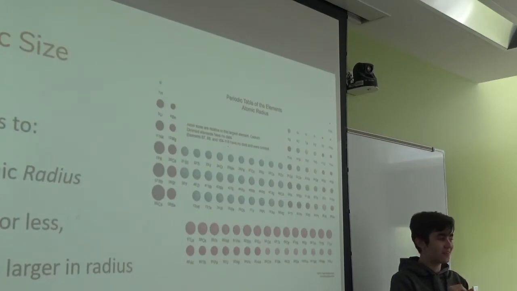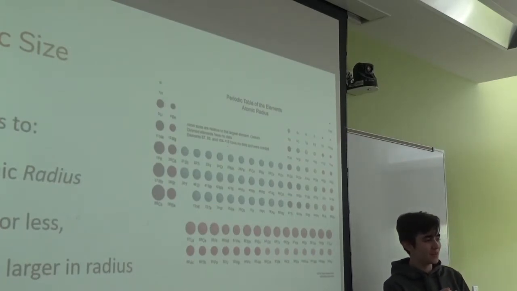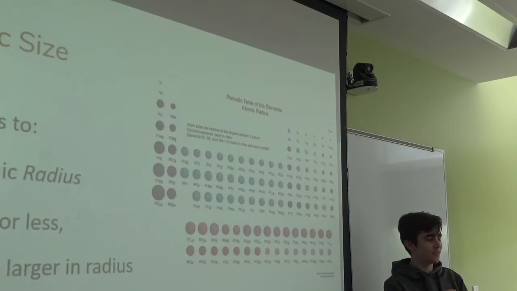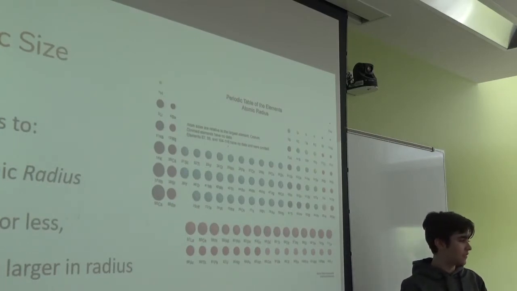Think about the number of electrons and the number of protons. They have more protons and more electrons, right? And they are all in the same shell. As you go from left to right across the periodic table, the same shell gets filled up. When all the electrons are within the same shell, they have a greater force of attraction to the protons.